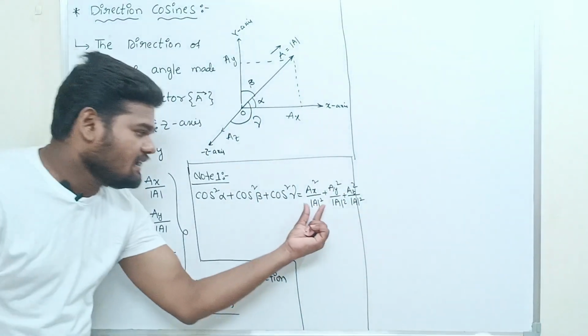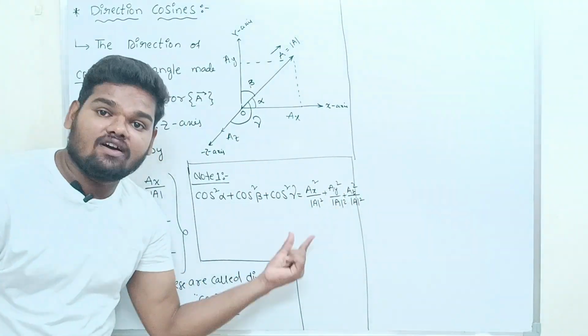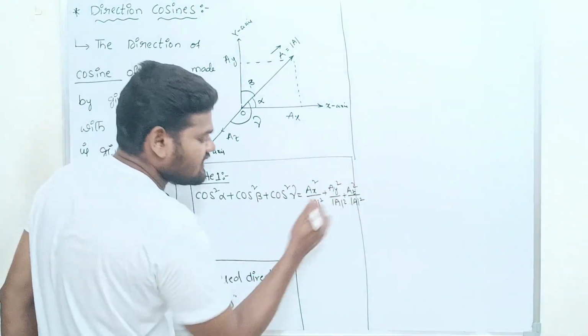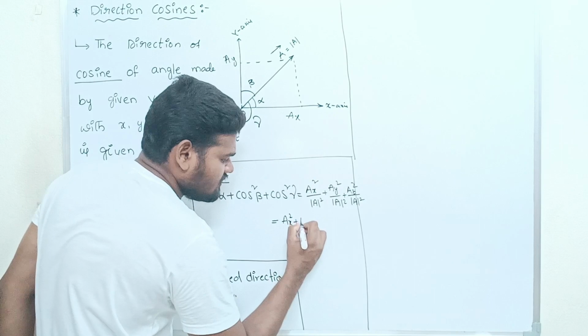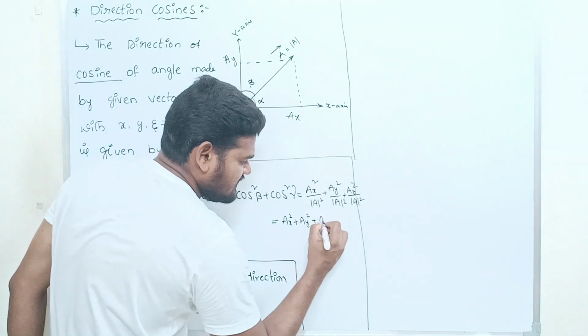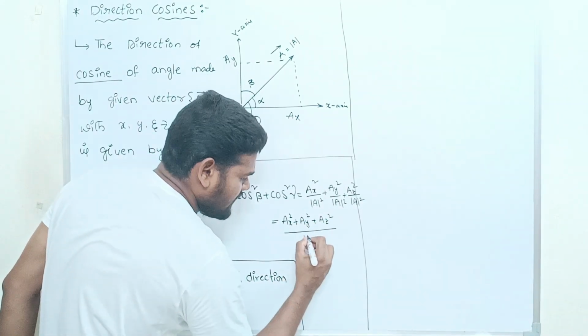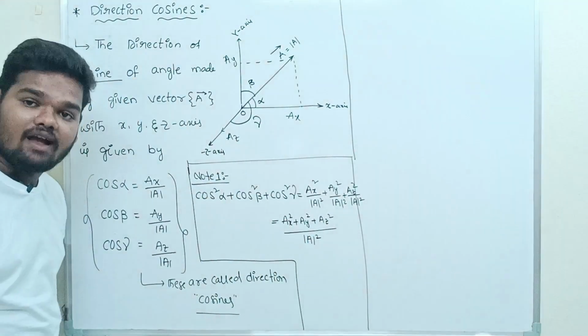Have a look here, all the denominators are same, then we can add the numerators. So that is equal to Ax square plus Ay square plus Az square divided by magnitude of a square. Are you getting?